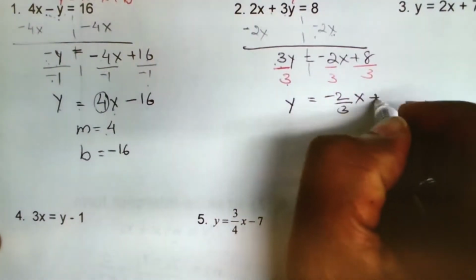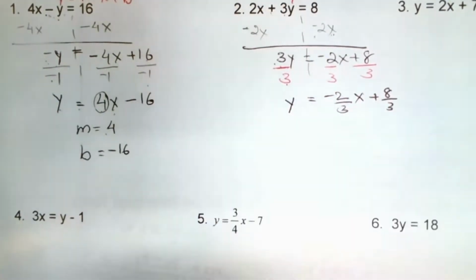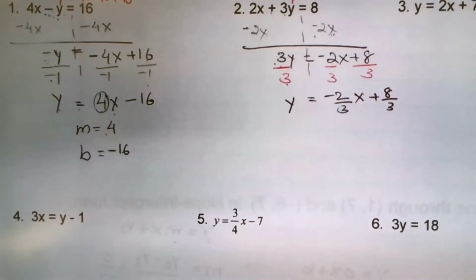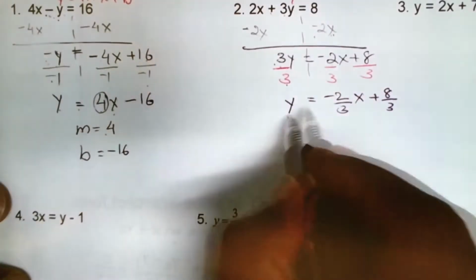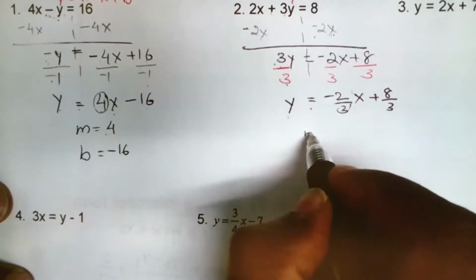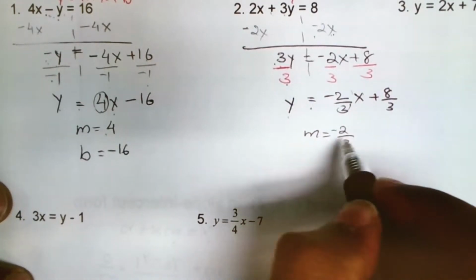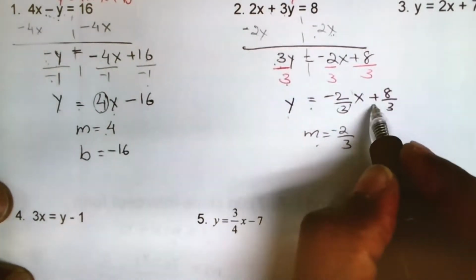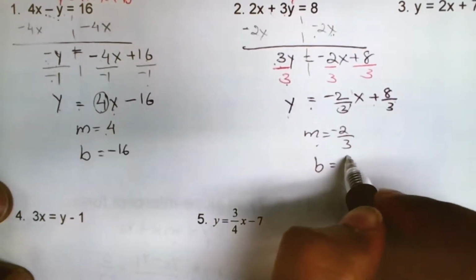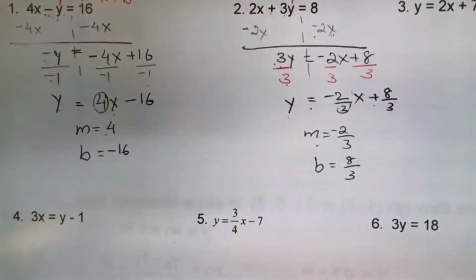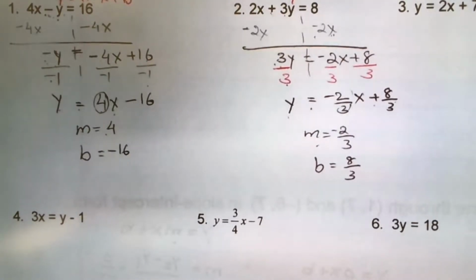And 8 divided by 3, we cannot simplify that either. So now y is equal to mx, the m is negative 2 over 3, that's the slope, plus b, the y-intercept is 8 over 3. So the slope of that equation is negative 2 over 3 and the y-intercept is 8 over 3.